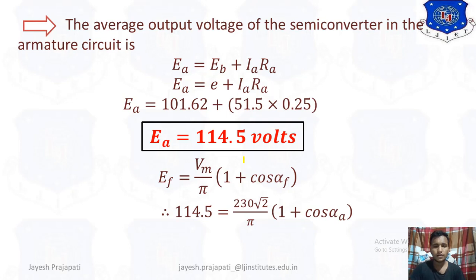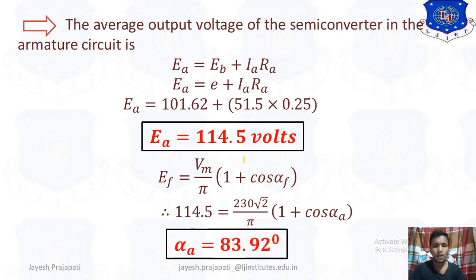So we can say that the alpha A angle is equal to 83.92 degree.